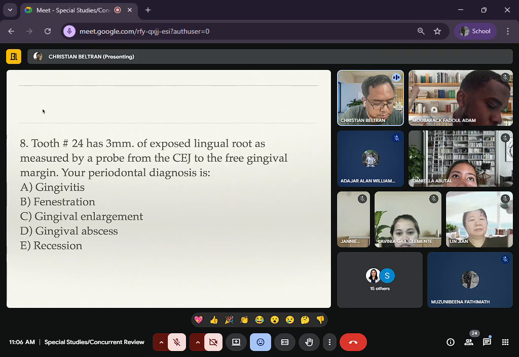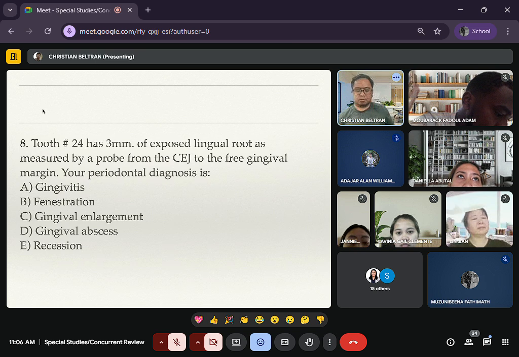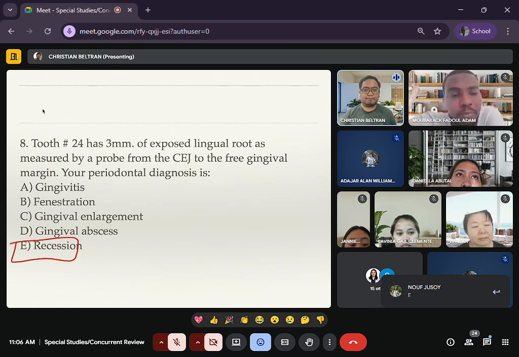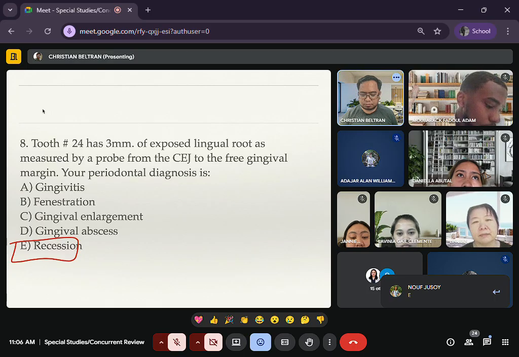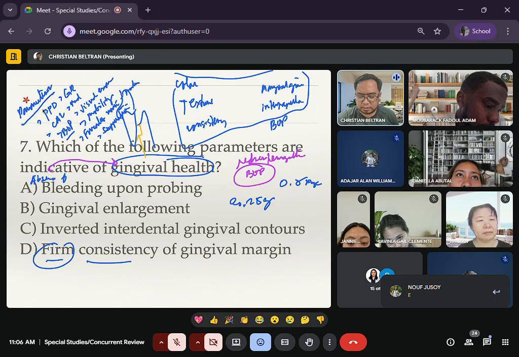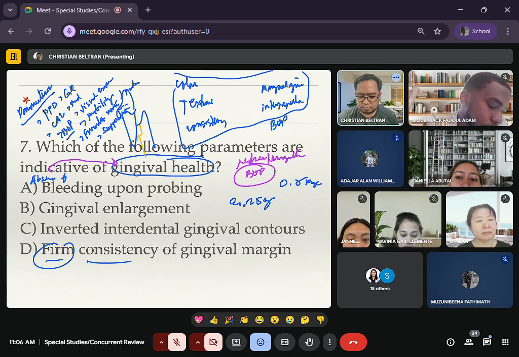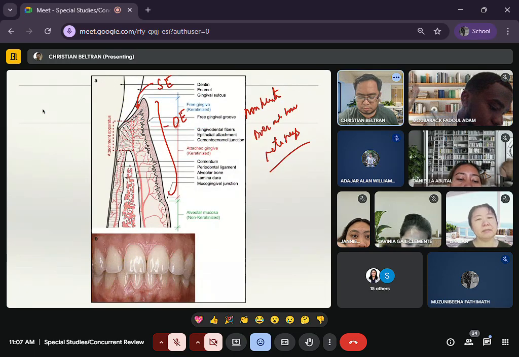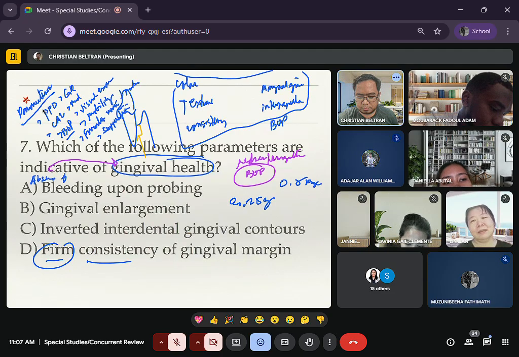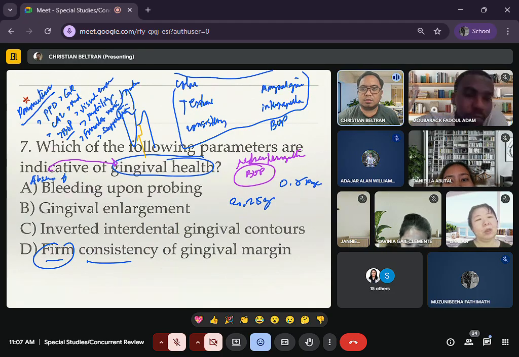Okay, it's not here pa naman. Wala pa. So the answer here is letter E, recession. Okay? Dito ko dapat ata i-discuss yan. Wait lang ha.